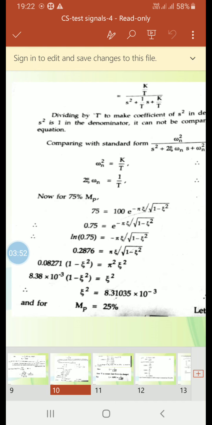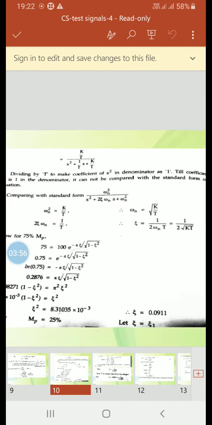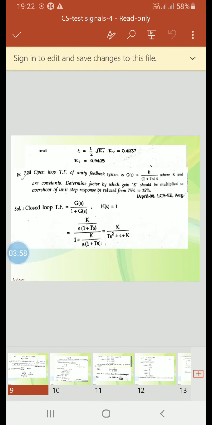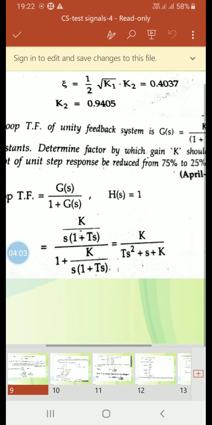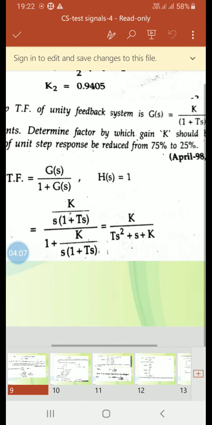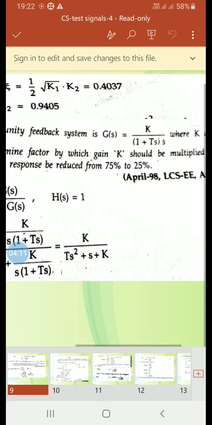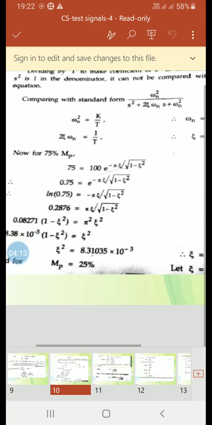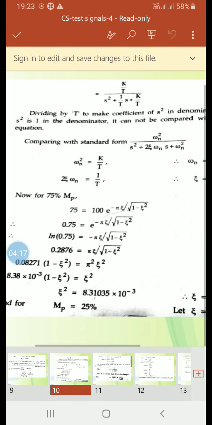Then what is the statement of the problem? Determine the factor by which gain K should be multiplied so that the overshoot of the unit step response is reduced from 75% to 25%.